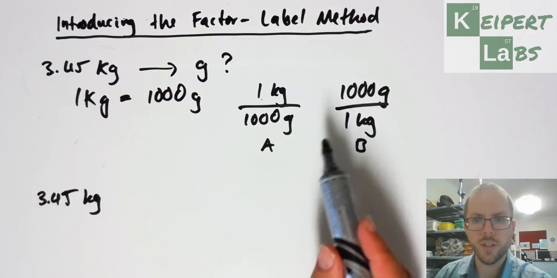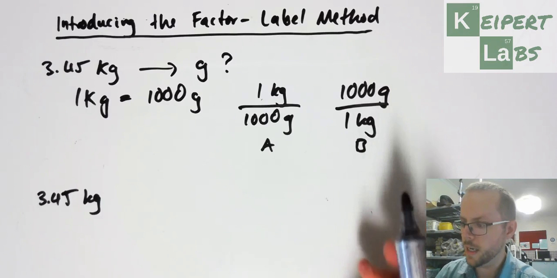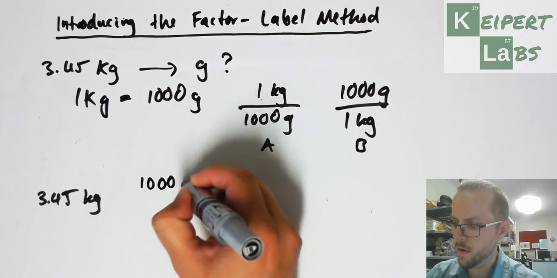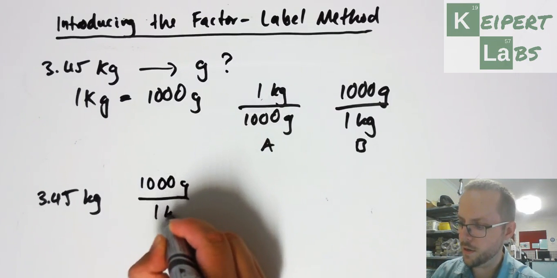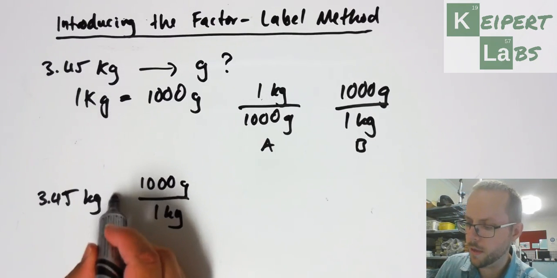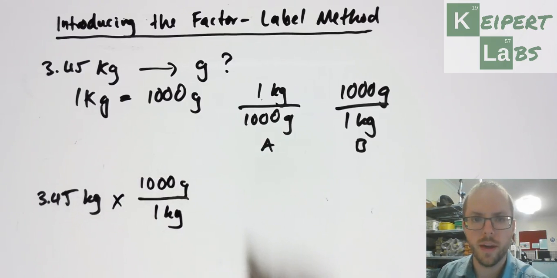I want grams on top, so I see that version B has grams on top, so I'm going to write version B just here. Then I'm going to multiply my original number by that conversion factor, by that fraction that I've set up that shows the relationship between grams and kilograms.